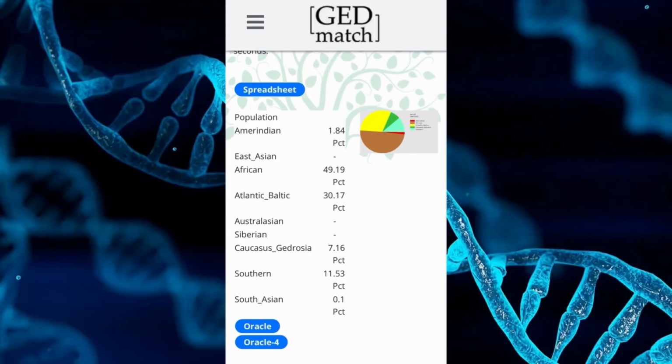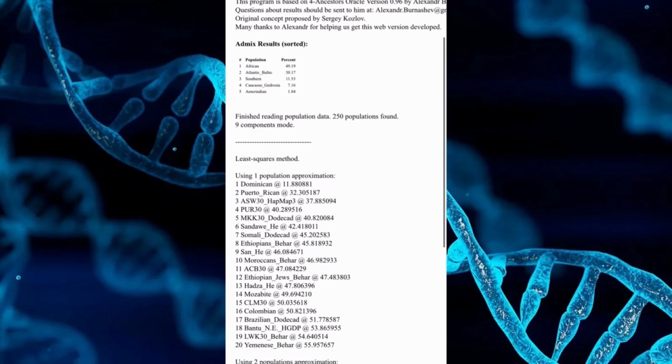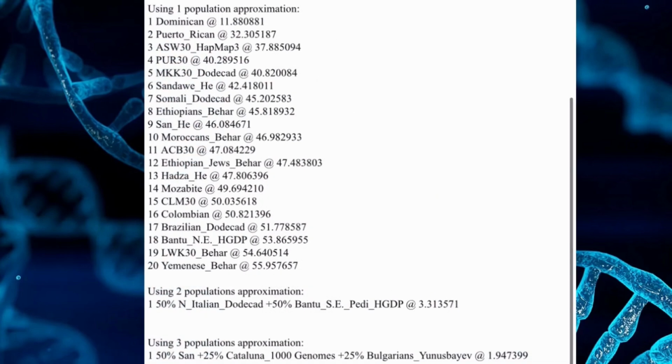So now let's try out Oracle 4 to see what multiple regions my ancestry most closely matches. Oracle 4's one population approximation still has me most closely reflecting Dominican and Puerto Rican as my top two matches. And then underneath that, we still have ASW30, which I still don't know what that is.